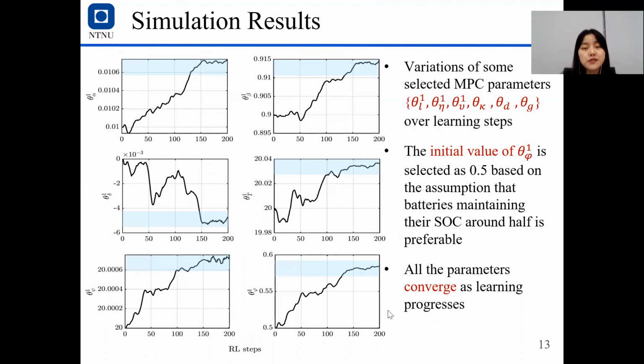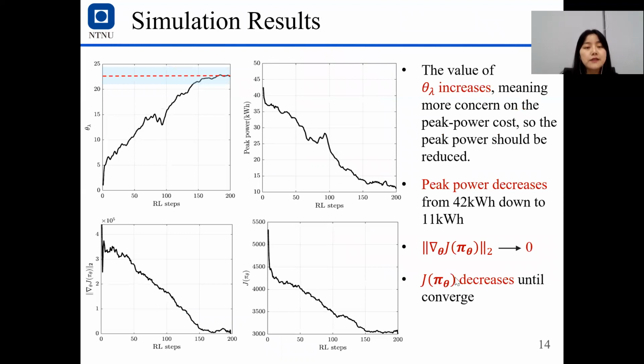Here are the results. You see that this is the variation of the parameters over learning steps. And you see all the parameters converge as learning progresses. And here we show the parameter zeta lambda, because this is a fairly important parameter in our MPC scheme. You see that with learning steps, zeta lambda is increasing, meaning that we have more concern on the peak power cost. So the peak power should decrease to reduce the peak power cost.